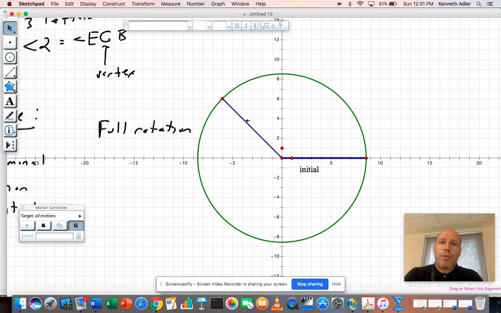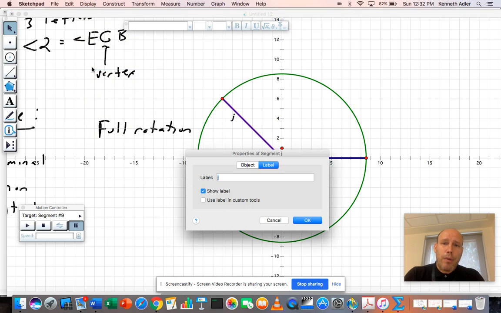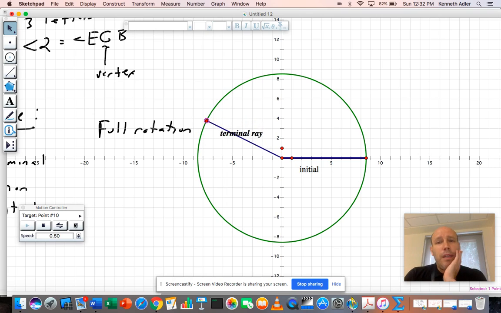I'm going to highlight the ray and label the segment. I'm going to call that terminal ray. What's happening is the terminal ray is moving away from the initial ray, and it actually comes back. We call that a full rotation.